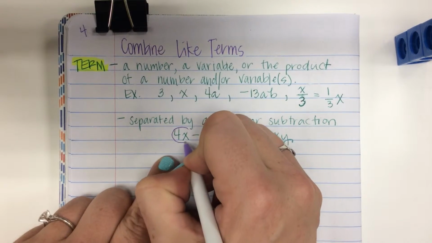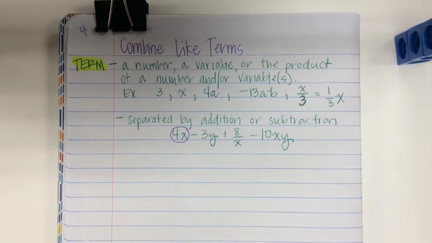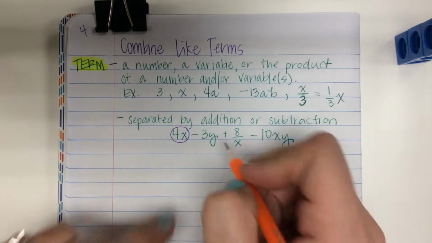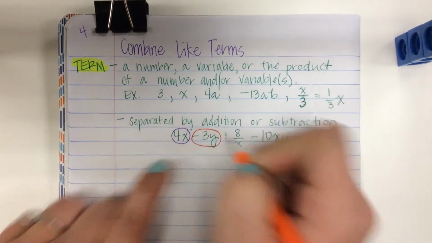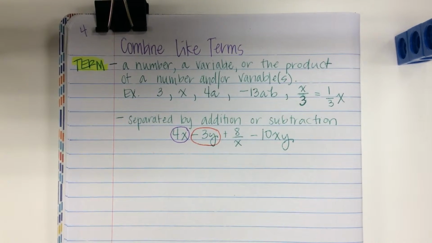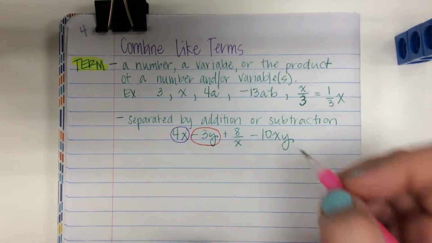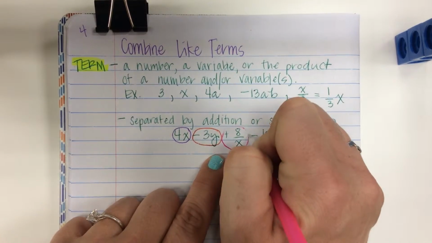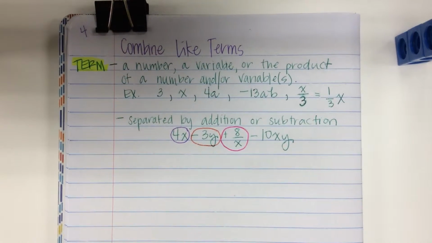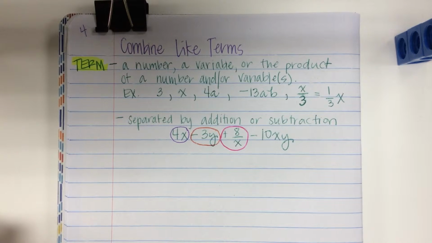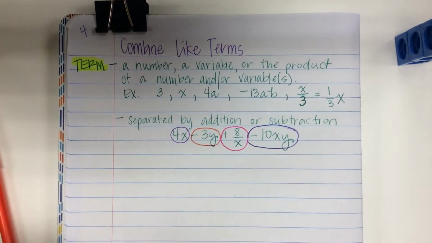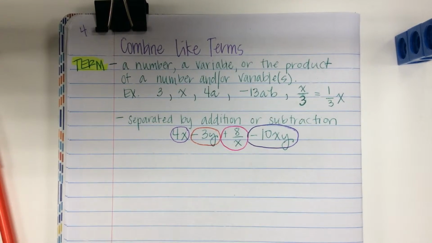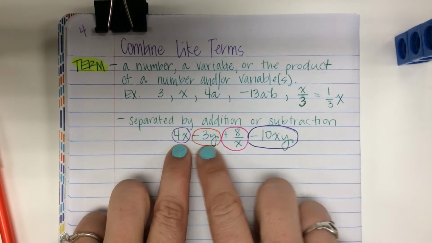So here's term number 1. Here's term number 2. Here's term number 3. And here's term number 4. There are 4 different terms in this expression.